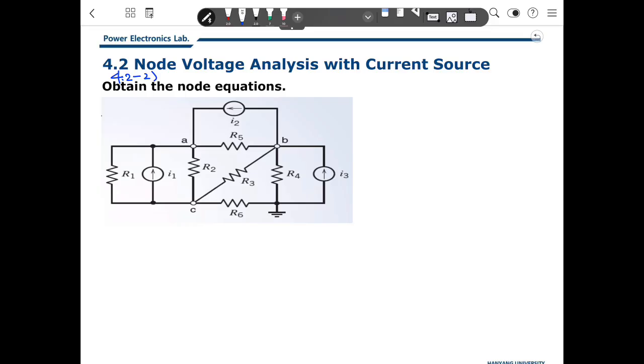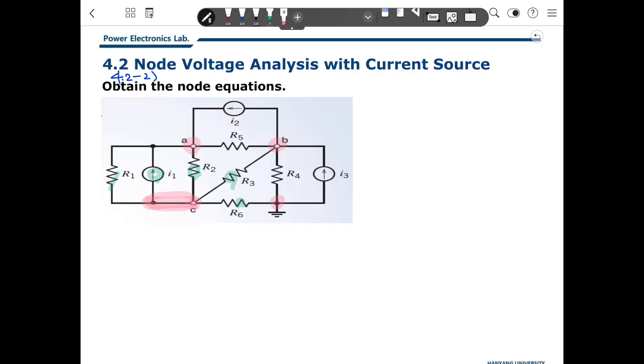So we will do that first. Then as you see, there are 4 nodes here, so here is 1 node, right? Based on that, R1 and this and this and this are connected through this node, and this is another node, and this is another node, and that is the last node.